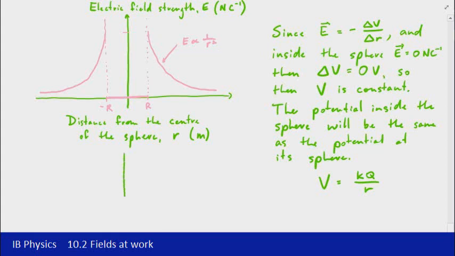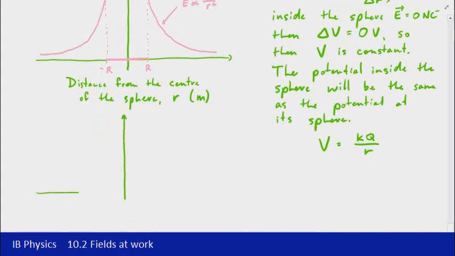If we now draw the same axis horizontally, I won't bother rewriting the label on the horizontal axis, but the vertical axis is now going to be the potential, and that will be V measured in volts. What we'll see there is that we still have this idea, so if we keep those lines aligned, let me just center that.